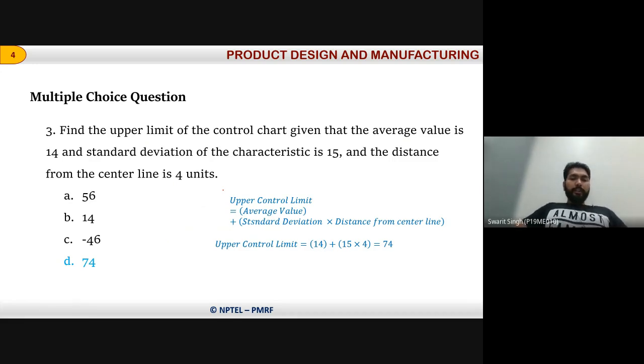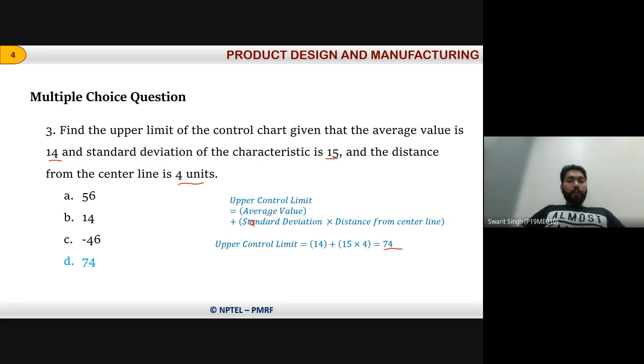The formula for the upper limit is the average value, which is given here as 14, added to the standard deviation multiplied by the distance from the center line. The distance is given as 4 units and the deviation is given as 15. So we multiply 15 with 4. 15 into 4 we get 60, and then we add the average value, that is 14. So 60 plus 14 is equal to 74. This is the answer for this particular question.